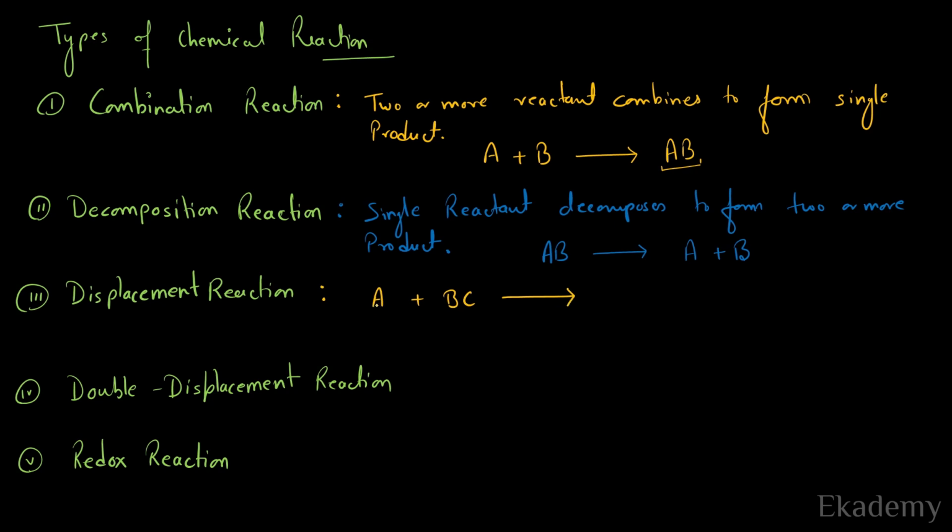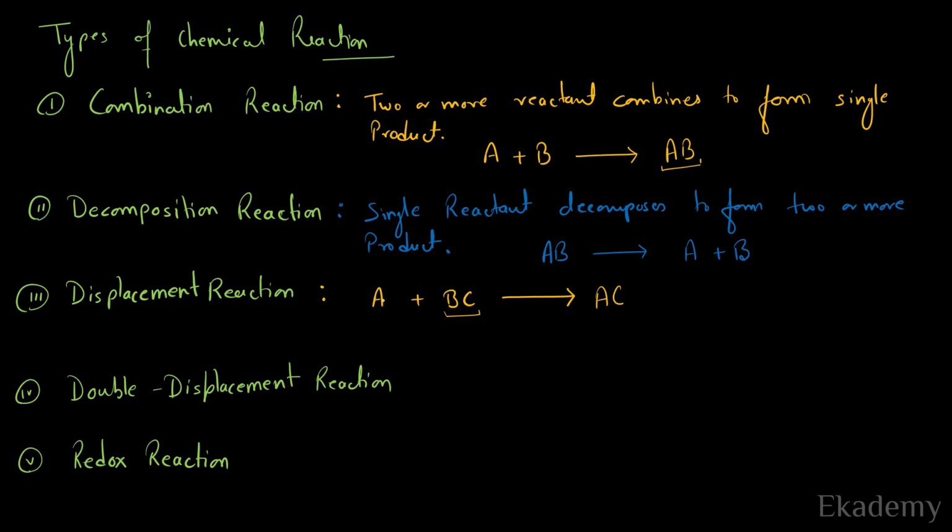And if A is more reactive than B, let us say, then what will happen is A will displace B from this compound BC and it will form its own product AC. So A is displacing B from this compound which is made up of BC, right?